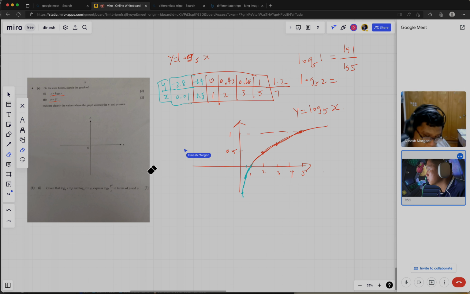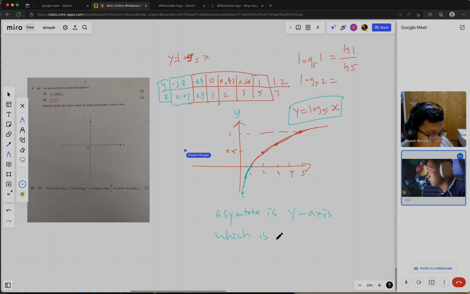Okay. So this is your log 5x. So the asymptote is the y-axis.